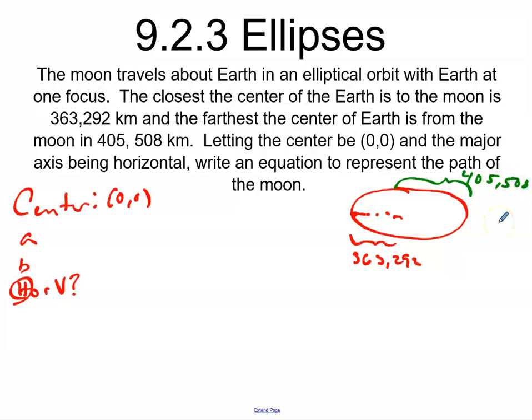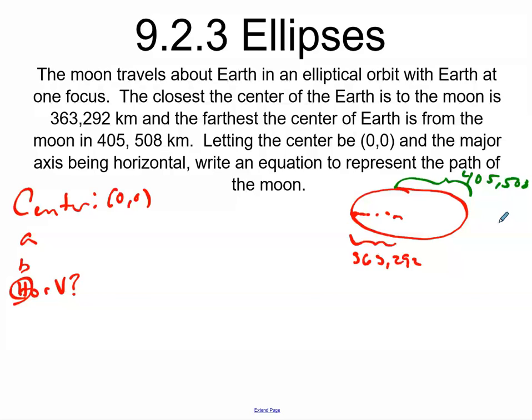So this is what we know. The closest point to any focal point is the near vertex, and the farthest a point can get from a focal point is the opposite vertex, the vertex on the opposite side of the ellipse.